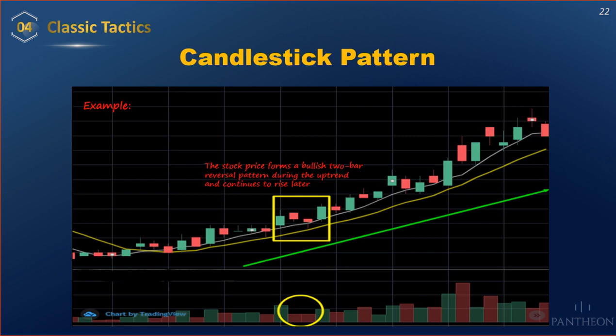You can see the place that I circled in yellow, which is over here. After the pullback to the support level, a large bullish candlestick appeared with an increased trading volume.